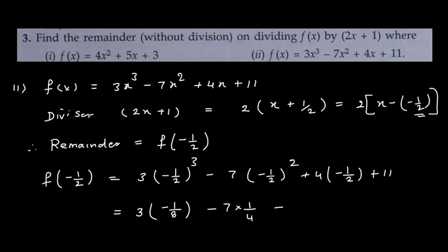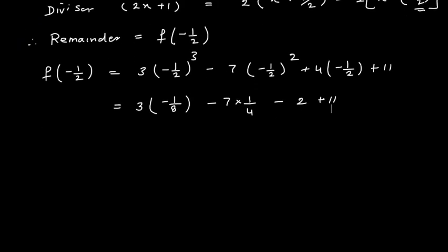Then here this is minus 2 and this is plus 11. So this is minus 3 upon 8 minus 7 upon 4, and minus 2 plus 11 is plus 9. So this is equal to minus 3 upon 8, and you can multiply and divide by 2, so it is minus 14 whole divided by 8, plus 9.